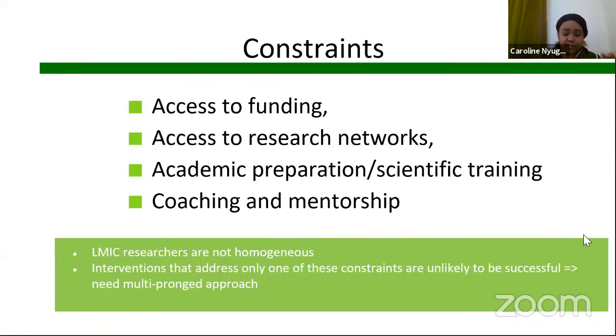Another constraint here is mentors. So we find that the older, more established researchers are saturated with requests and they're not spending the time that's required to mentor younger upcoming researchers. And in addition to that, you'll find that the more established researchers want to use LMIC researchers to check a box. I'm sure some of you have faced this.